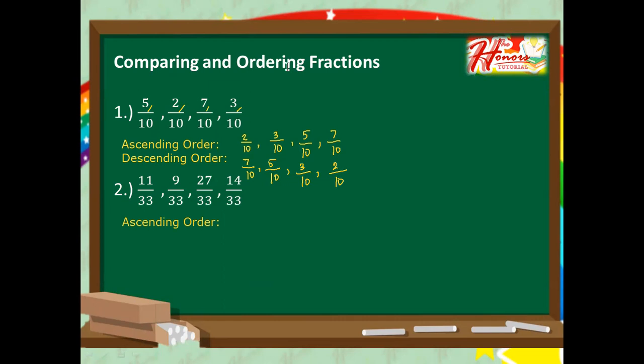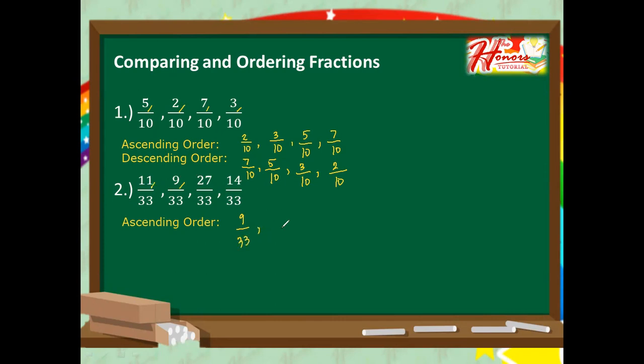Therefore, what we are going to compare here is the numerator only. So the least number that we have here is 9 over 33. And then after 9, we have here 11.